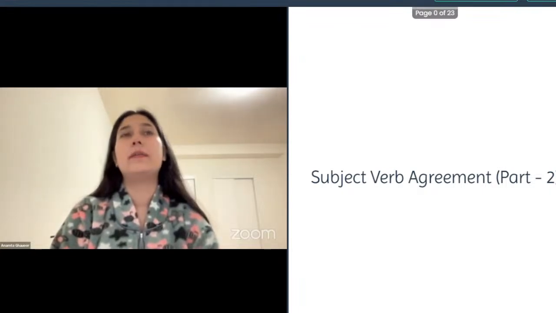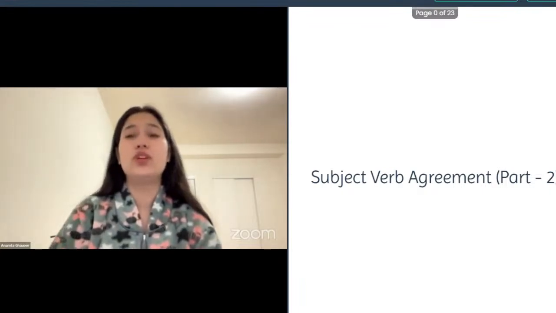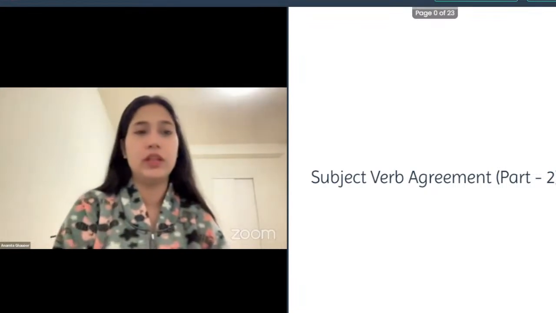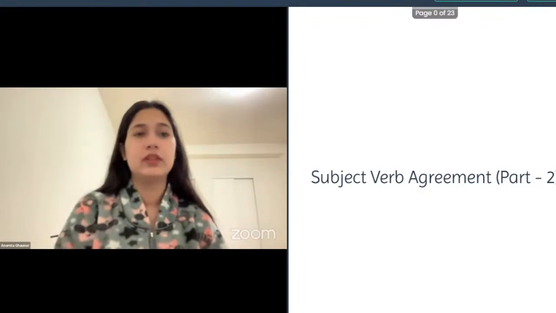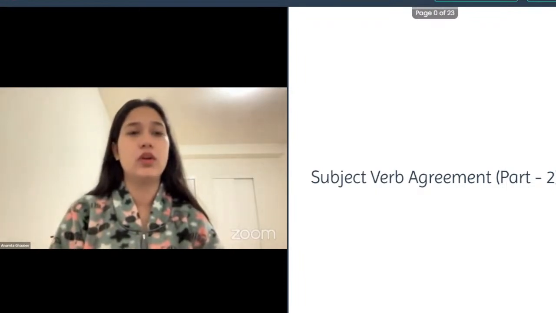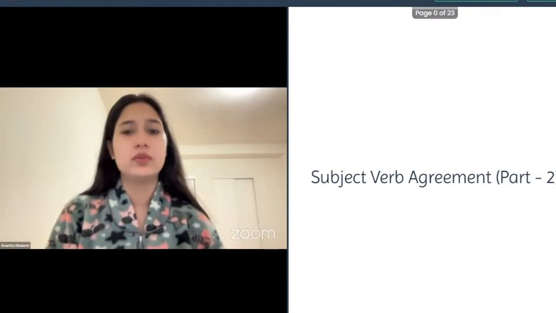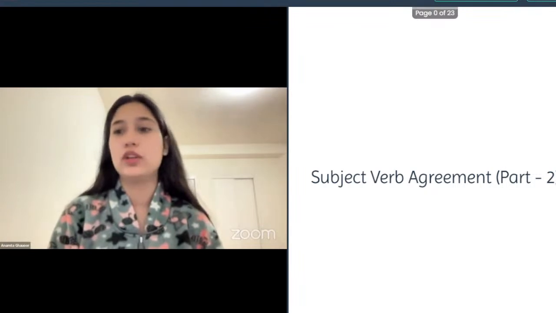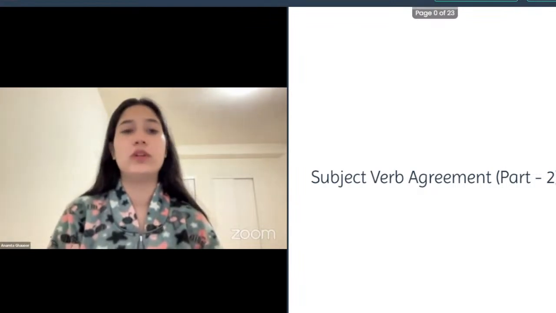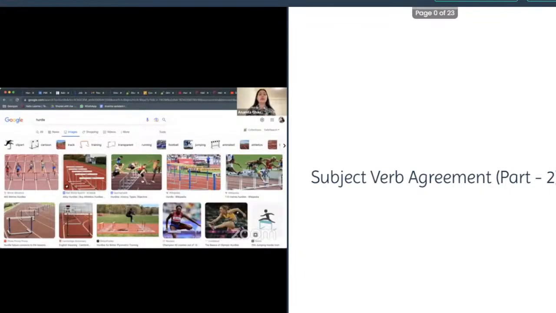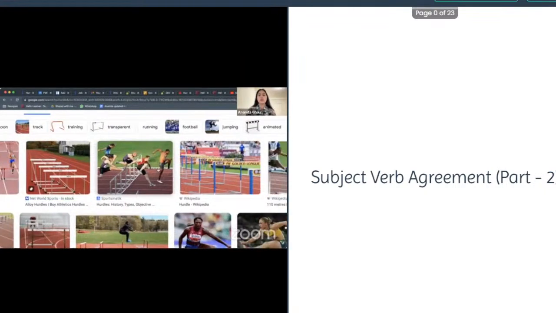Hurdles are. Have you ever been to a race of hurdles? No. Let me show you what hurdles are. Please improve your vocabulary. I'm telling you again and again. Hurdle means obstacle in normal English. So if you run a marathon, there are two types of marathon. One is where you need to run on the track simply, and the other is where they put these hurdles so you could jump.